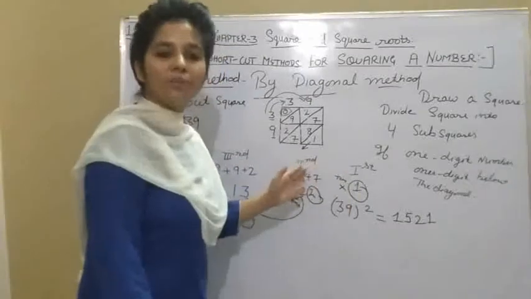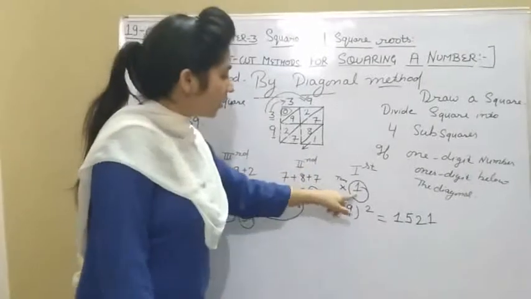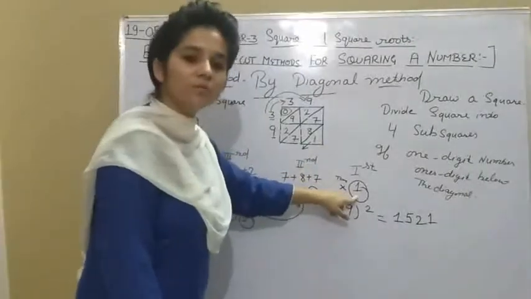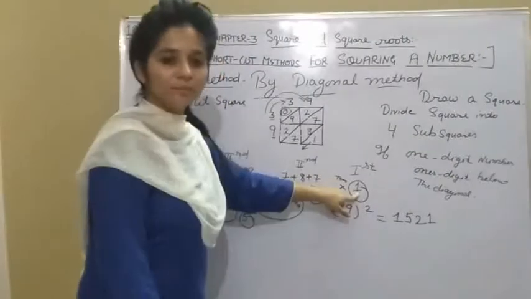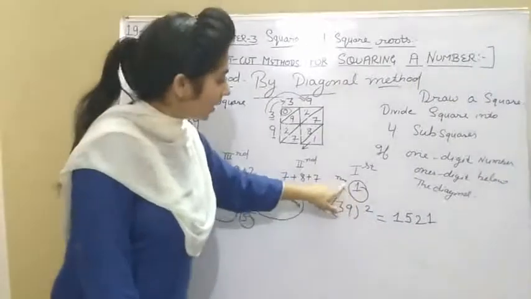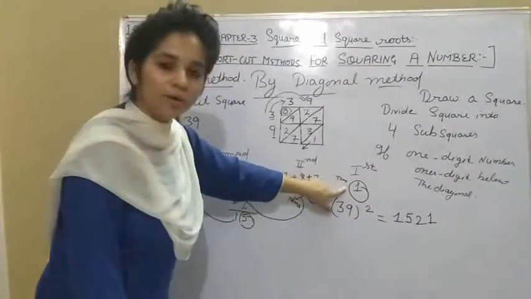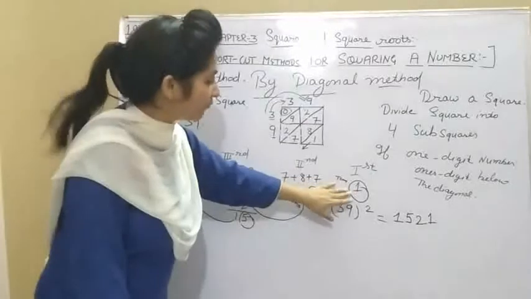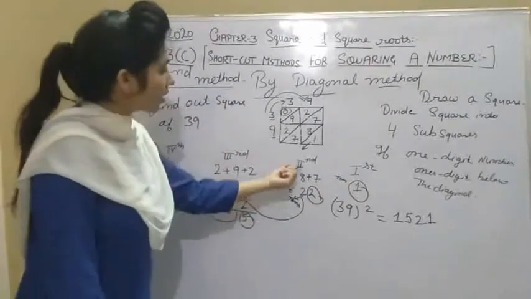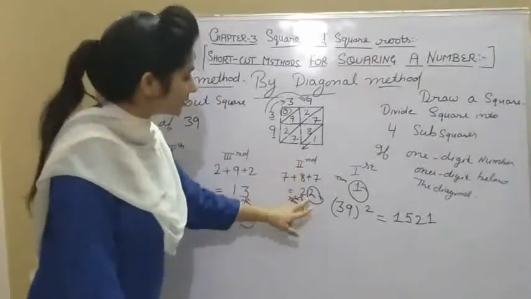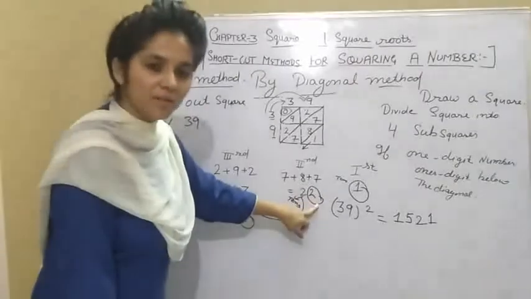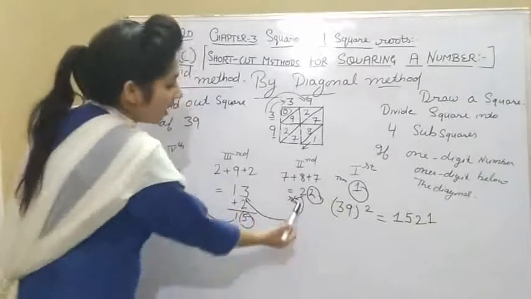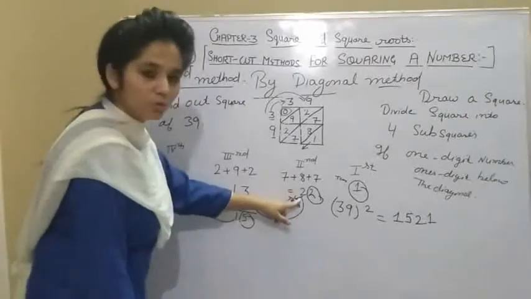Applying the rule of the first method, circle on the first digit or the ones digit, that is 1. There is no digit before the 1. So coming on the next digit, that is equals to 22. Again circle on the ones digit and the another digit is 2.